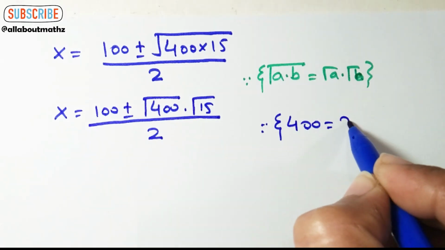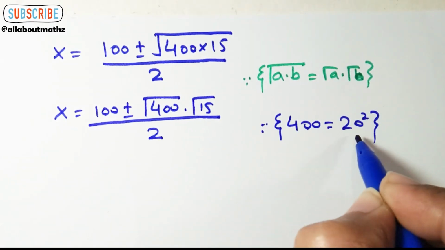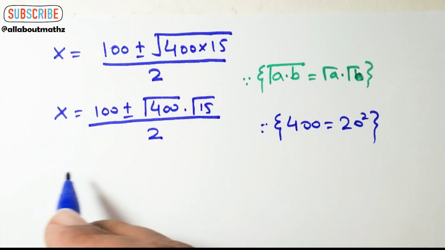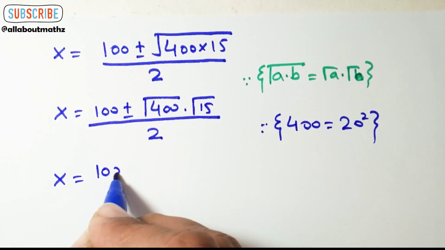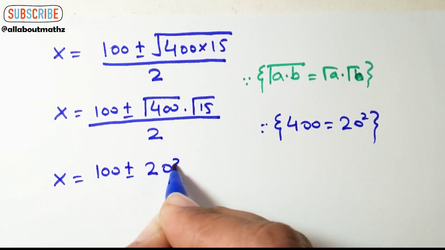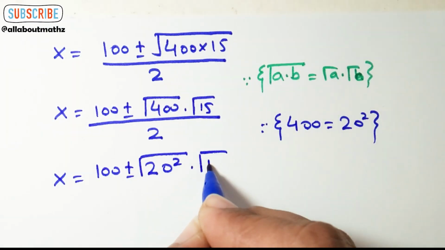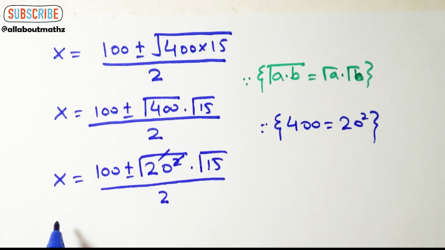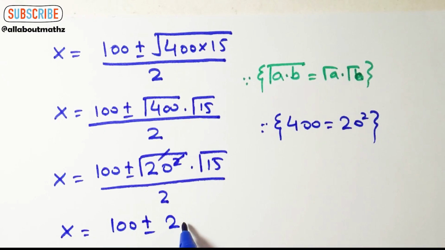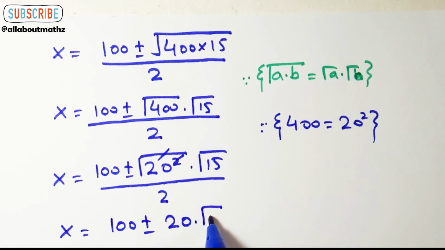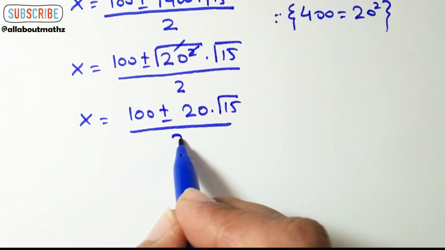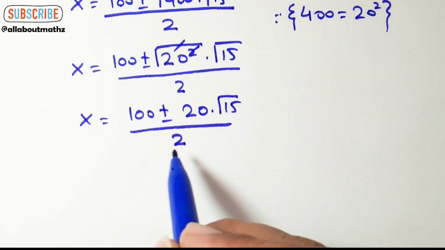And we know that 400 is equal to 20 square. So now we will put 20 square in place of 400 in this expression, and we have x is equal to 100 plus minus 20 square root of 15 whole divided by 2. This square will cancel with this square root, and we have 100 plus minus 20 into square root of 15, and whole divided by 2.